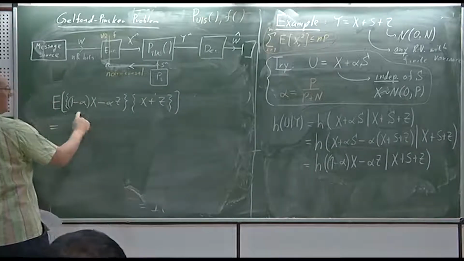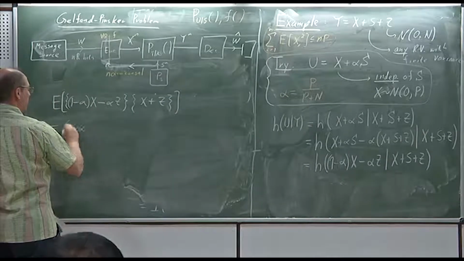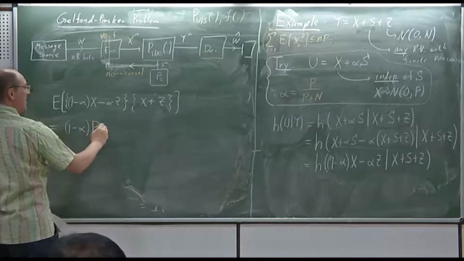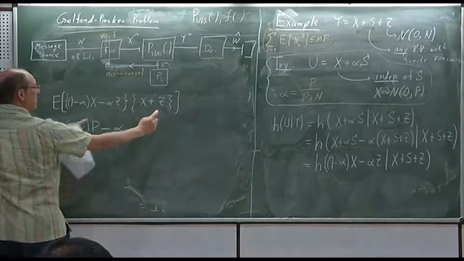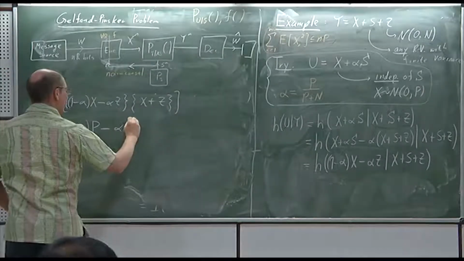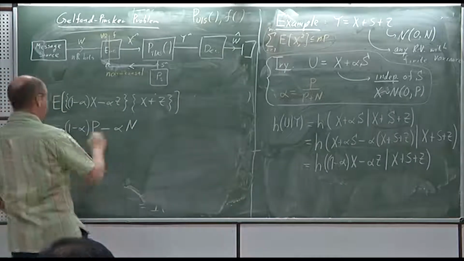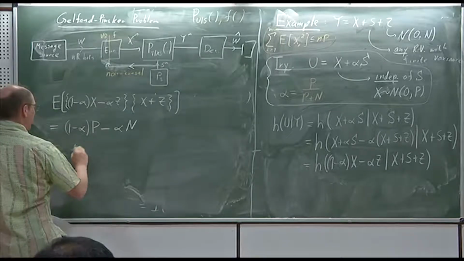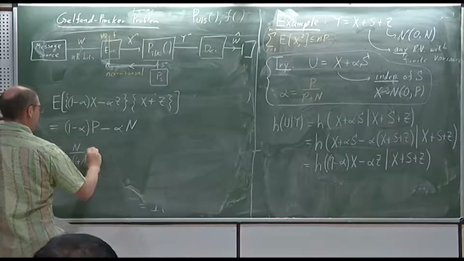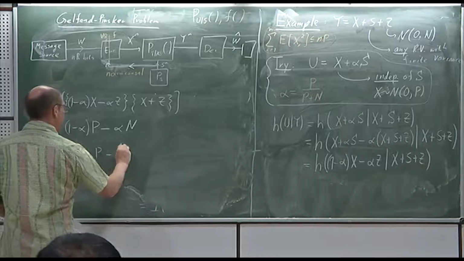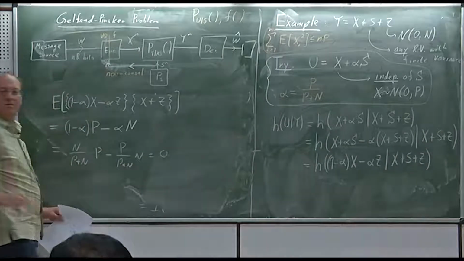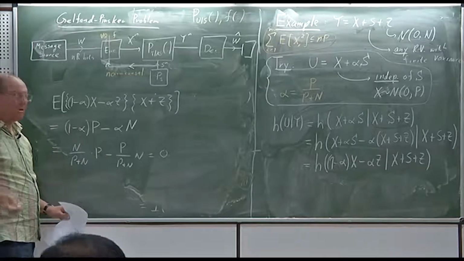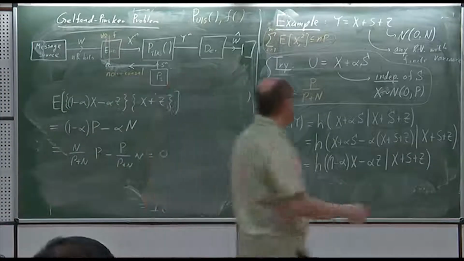Alpha is p over p plus n. That's equal to 1 minus alpha times the expected value of x squared, which is p, minus alpha times n, since x and z are uncorrelated. You can quickly check that this is n over p plus n times p minus p over p plus n times n, so this is just 0. Okay, so they are uncorrelated.